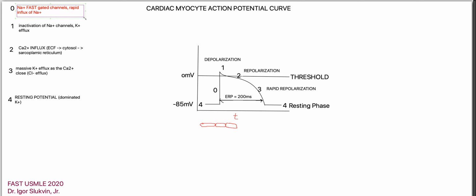The pacemaker of the heart tells the heart that it's time for another contraction, so it triggers the sodium fast gated channels to open rapidly. That's phase 0. Phase 1 is pretty low yield.